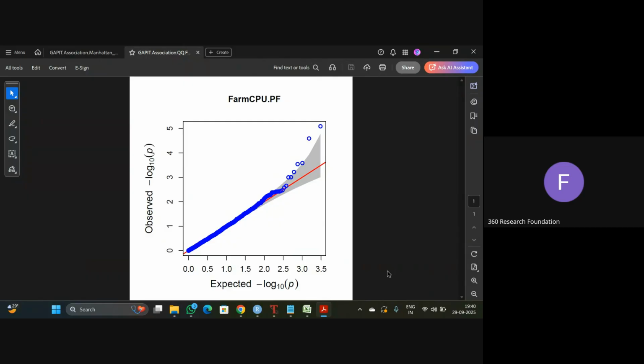On the x-axis is the expected value, on the y-axis the observed value, and this is the distribution of our data. This red line is the normal distribution. The point where our data points start diverting from the normal distribution, that point we need to consider as the threshold level.